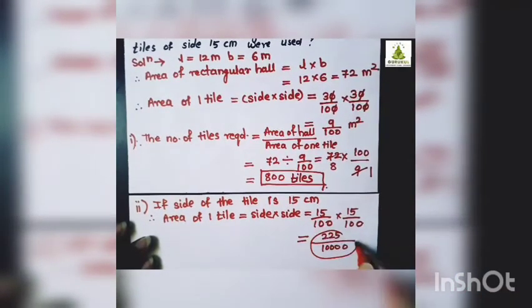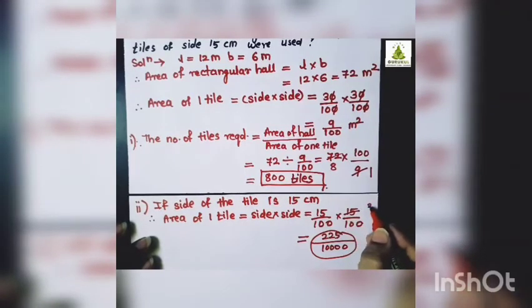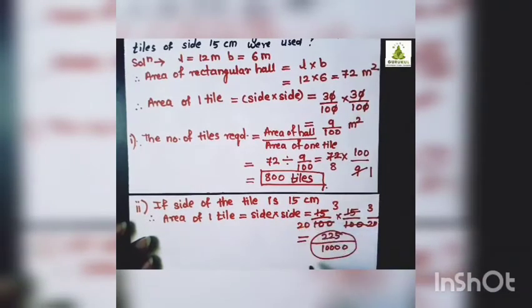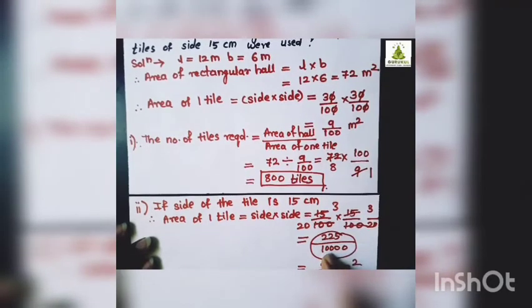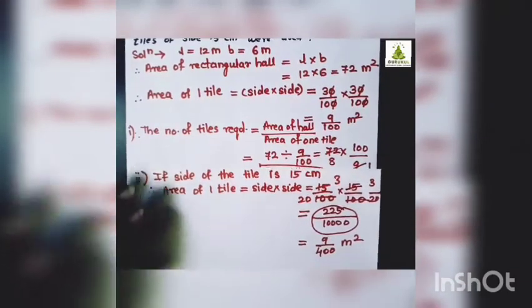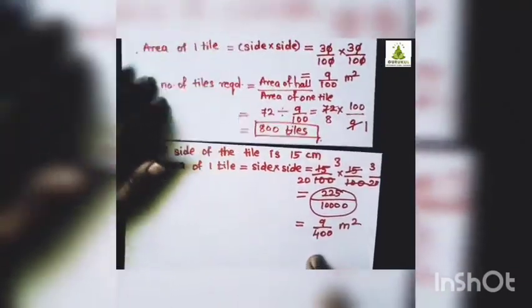Suppose if you find this difficult, here only you can do 5 3s are 15, 5 20s are 100. So what remains over here? 9 upon 400, 20 into 20. Okay, either do the calculation with this or do the calculation over here. Whichever you find easy, you can perform.